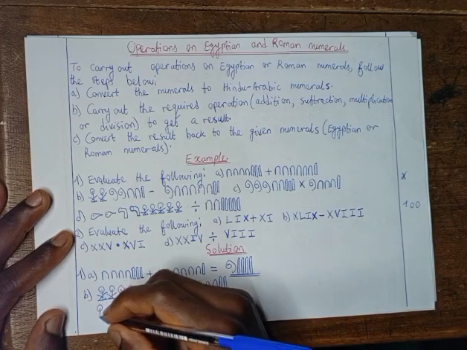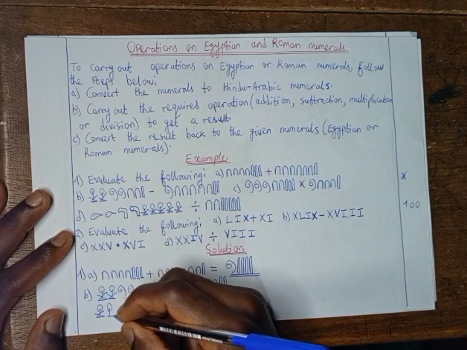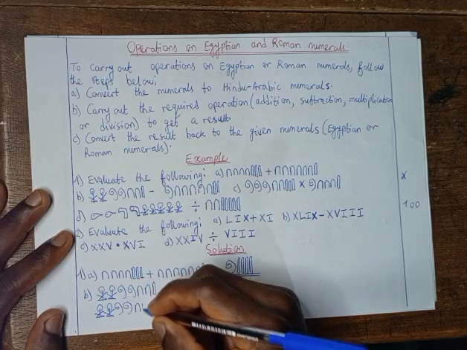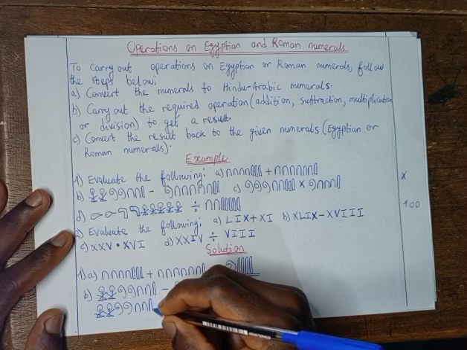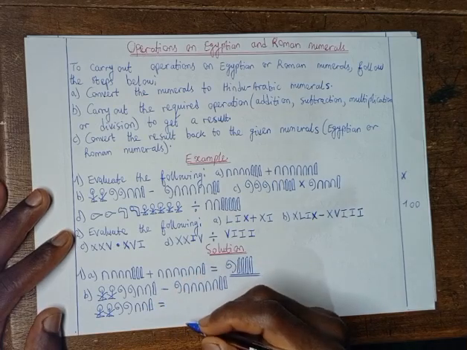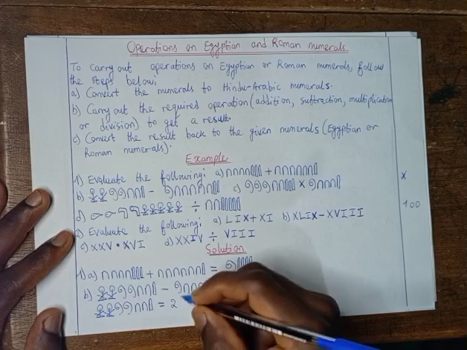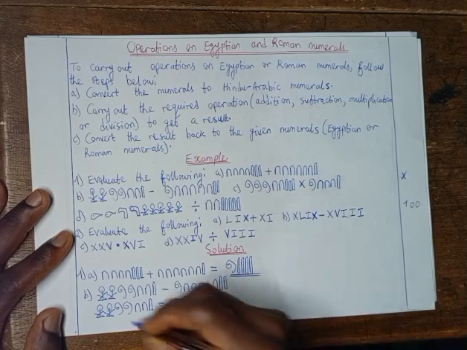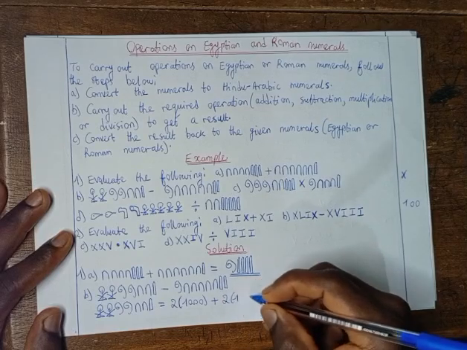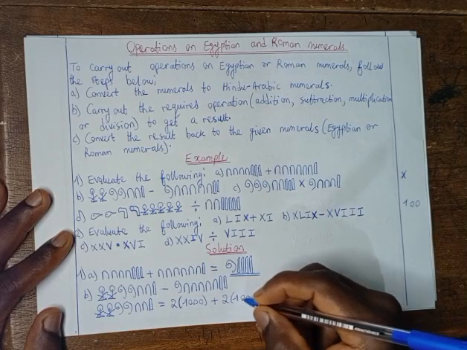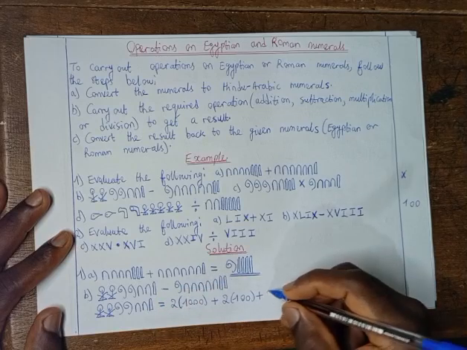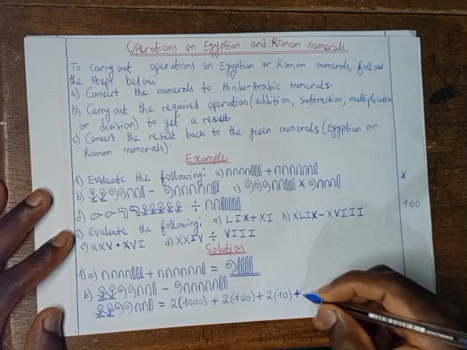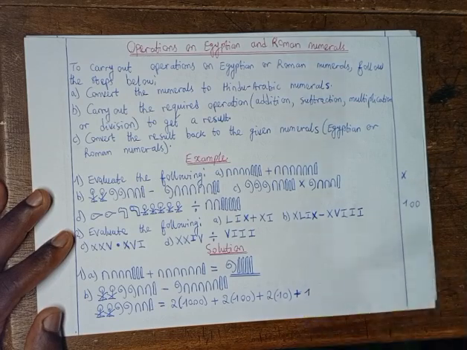So if we take the first number, we have 2 lotus flowers, 2 spirals, 2 elbows, and a straight finger. This will simply be equal to 2 times 1000, since a lotus flower represents 1000, plus 2 times 100, since a spiral represents 100, plus 2 times 10, since an elbow represents 10, plus 1, since one straight finger represents the number 1.